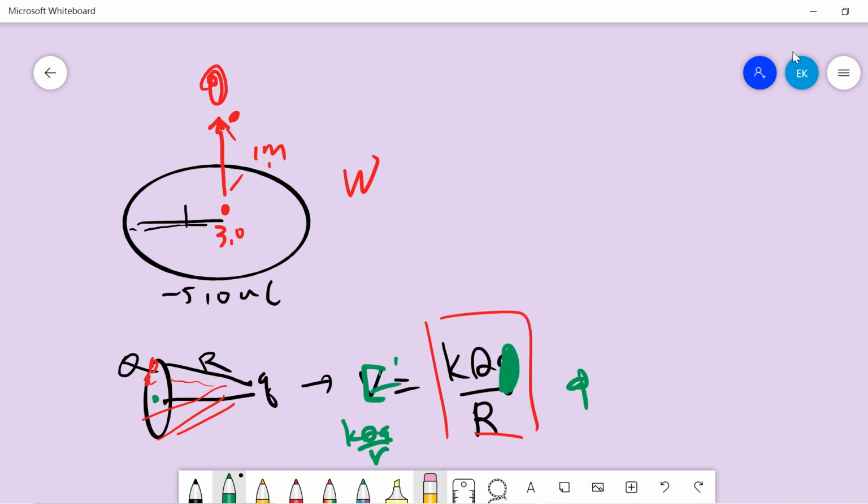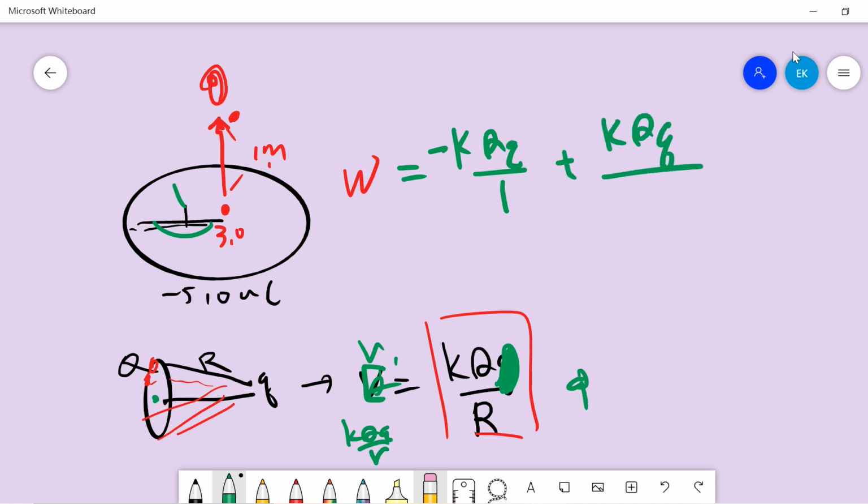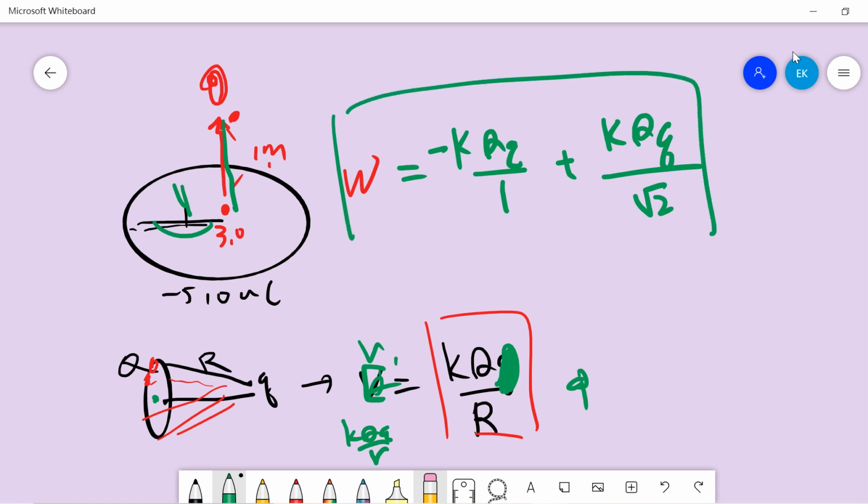For the potential, there is no q, it's kQ over R. But what we need is energy, so we need kQq over R. The beginning is 1, so it should be here, plus kQq over R, when this is 1 and this is 1, then it's square root of 2. So this is the answer.